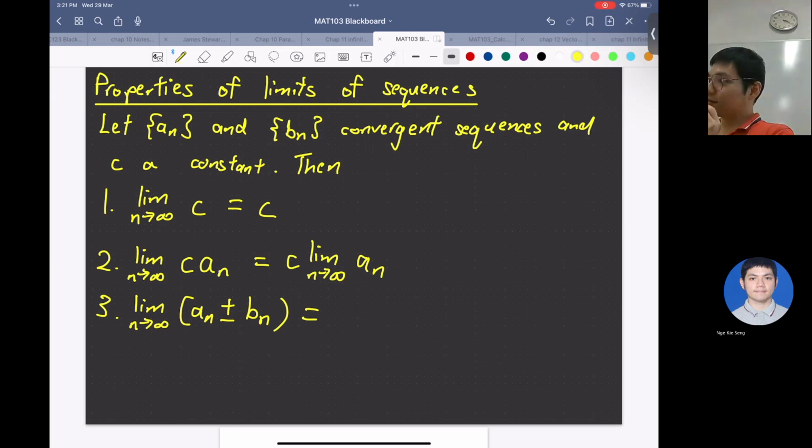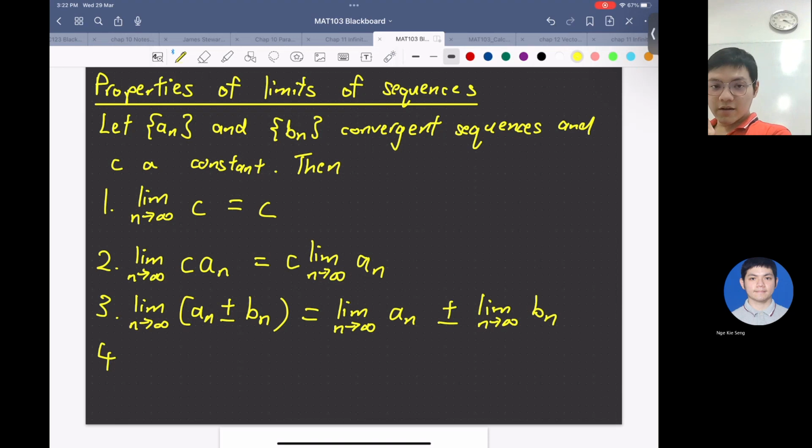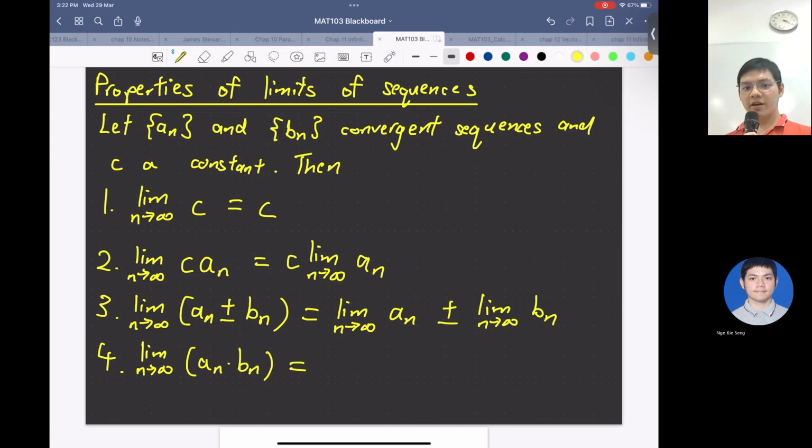You can guess. You can actually show that it is just taking the two limits and adding or subtracting them. So this is really like a linear function. Not only that, let's say we multiply two convergent sequences together. We also can just multiply the two limits together.